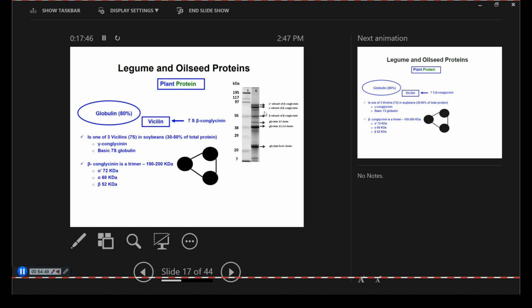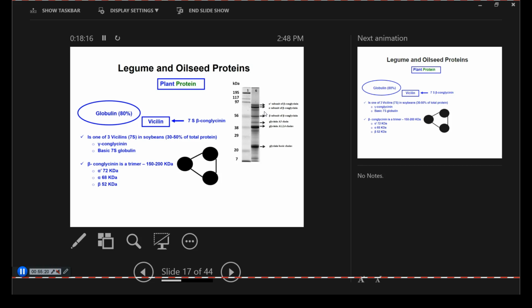When you run a gel, here they are. They look like they have larger molecular weight than glycinin, but glycinin, these are only the subunits. When they're associated together, they form 300 to 400 kilodalton. These are the subunits of beta-conglycinin or vicilin. 7S beta-conglycinin is again in soy.